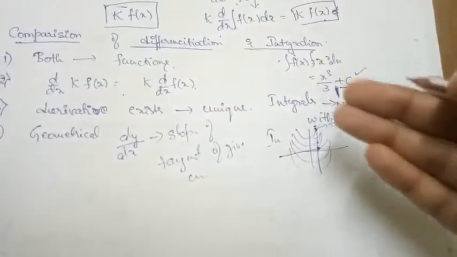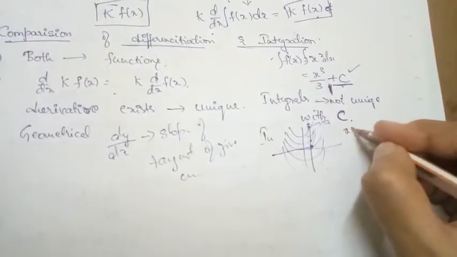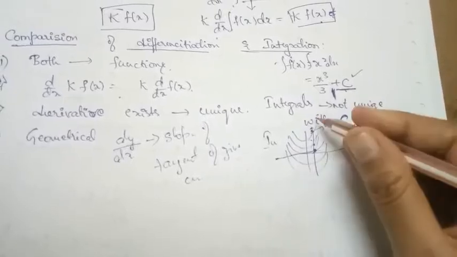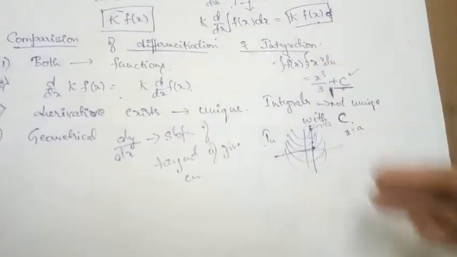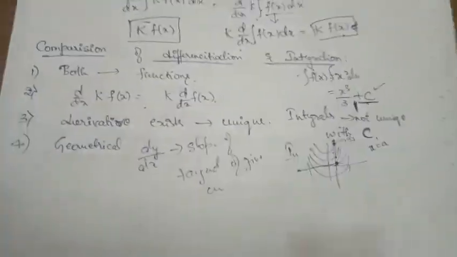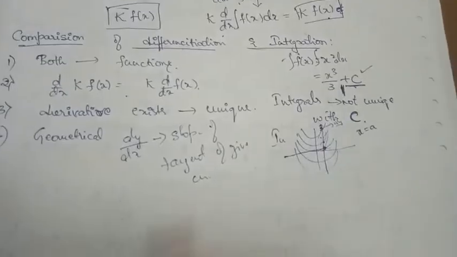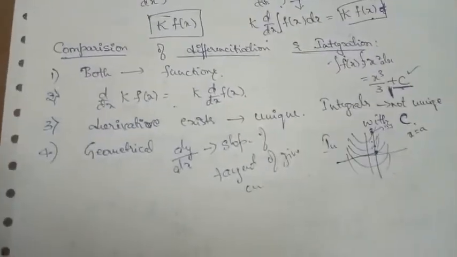So all those tangents at the point x is equal to a are parallel to each other. That is what the geometrical representation of the indefinite integral says.